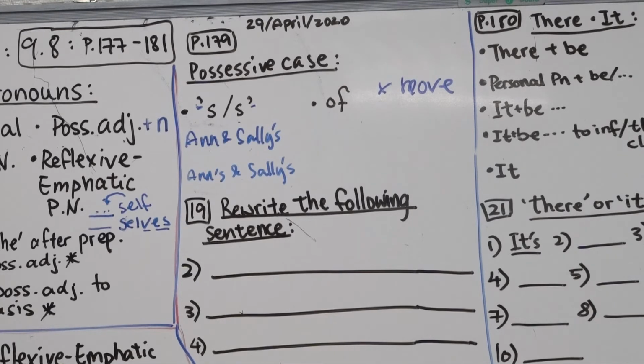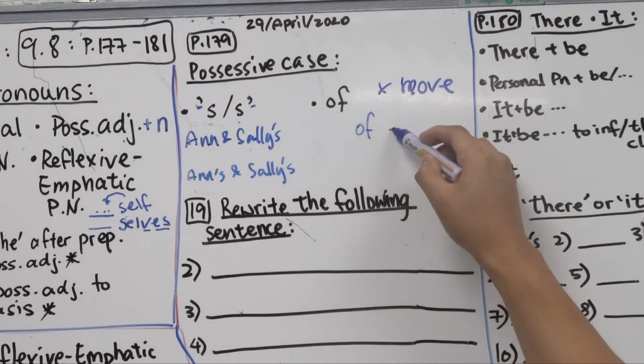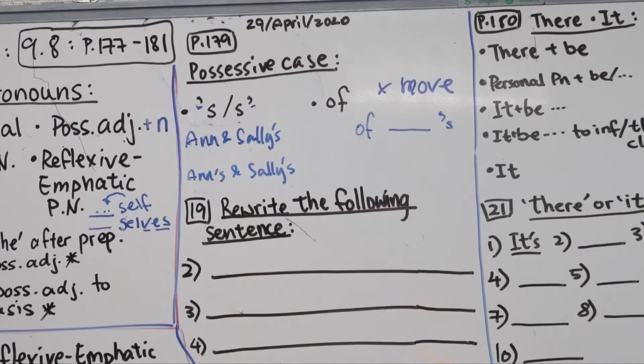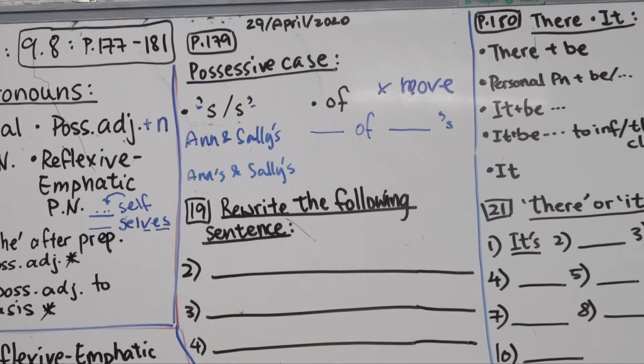Okay, and then we have of with possessive case or pronouns when there is a determiner. So determiner is this, any, etc. before the nouns. The example is, look at this painting of Picasso's. So we have look at this painting of, and then we have the name and still have the apostrophe S. Something of someone's.